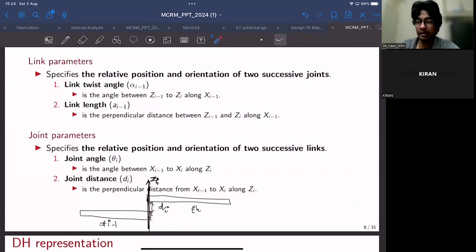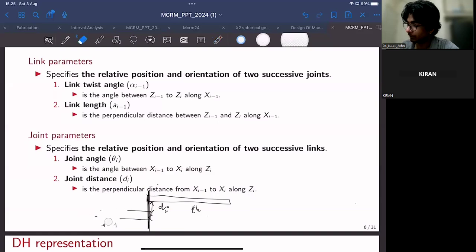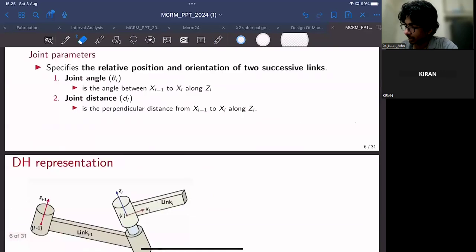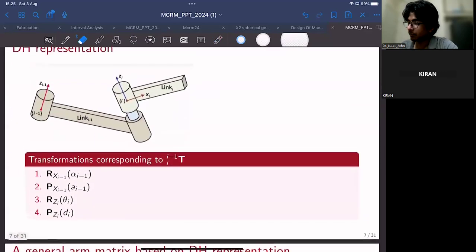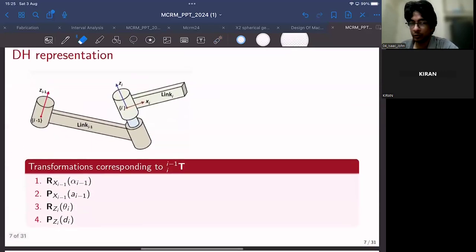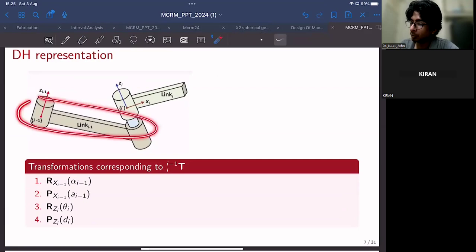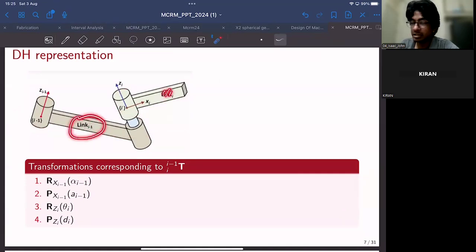We will implement all these DH parameters in a few of the following examples, which will hopefully make it more clear. And this is one of the examples where one can use the DH parameters, because you can consider this to be a part of a robotic manipulator. So this would be link i minus 1, this would be link i.